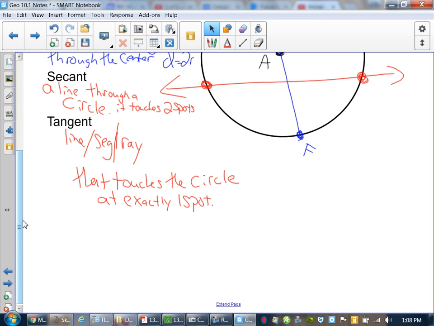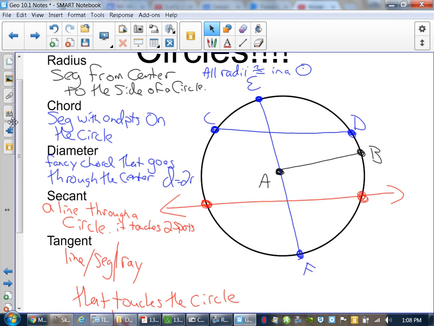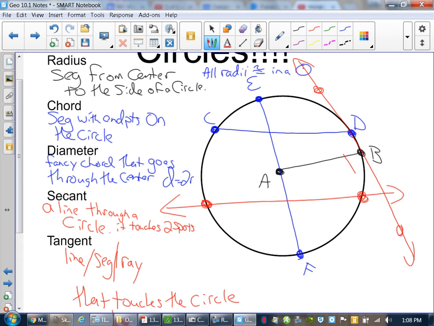If you look at the diagram here, because I'm running out of space in this larger one, if I draw a tangent, if I call this line IJ, I can say that line IJ is tangent to circle A at point B.